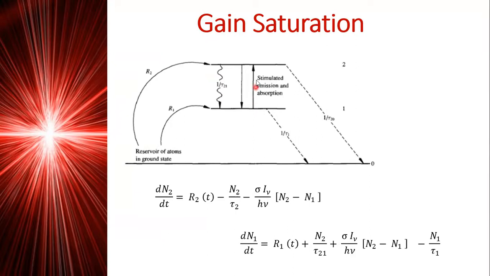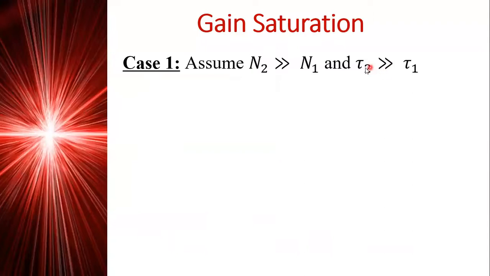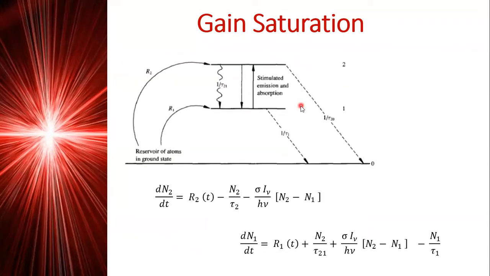As you know, the rate is 1/τ. So when τ2 is much greater than τ1, that means the lifetime of the electron in level 2 is greater, which means the rate of spontaneous emission is smaller for level 2 with respect to level 1.